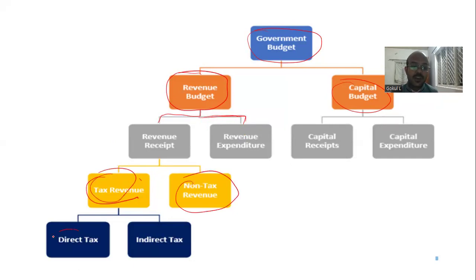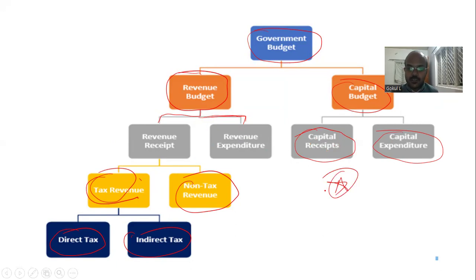Tax revenue means you have direct tax and indirect tax. Non-tax revenue means the government is running some company or some business, for example government transportation, and it is earning. So non-tax revenue is not coming as part of tax, but still the government is getting the amount. That is non-tax revenue receipts. Capital budget is further divided into capital receipts and capital expenditure. Very important.